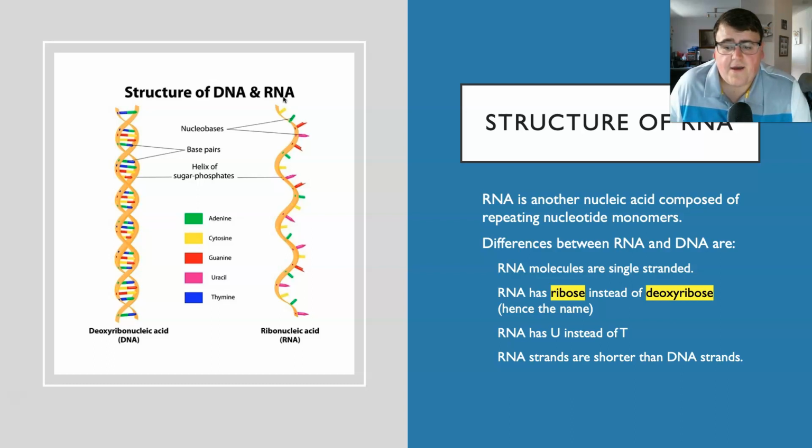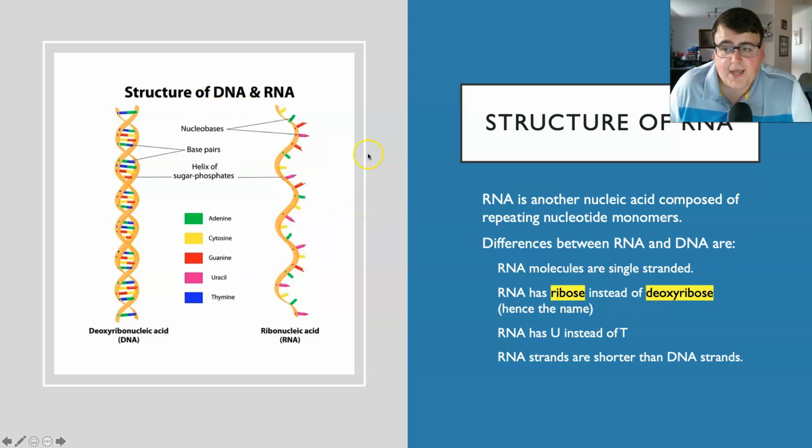While they both have adenine, guanine, and cytosine, RNA has uracil instead of thymine. So DNA has thymine, RNA has uracil. What you can't see in this picture very much is that RNA strands are also generally shorter than DNA strands. That's all we need to know on the structure of RNA.